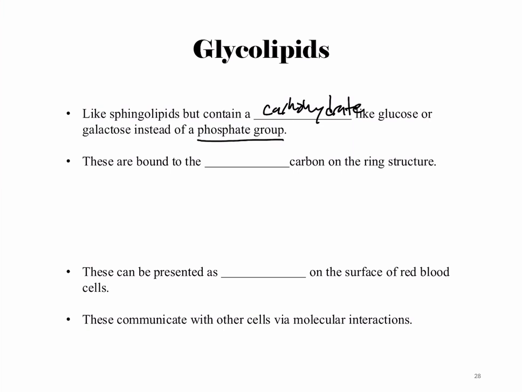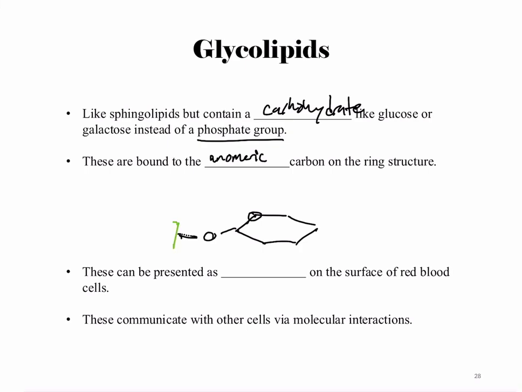And so these are bound to the anomeric carbon when we talked about carbohydrates in the ring structure. So if we have a carbohydrate, this will be bound to the sphingosine, right?